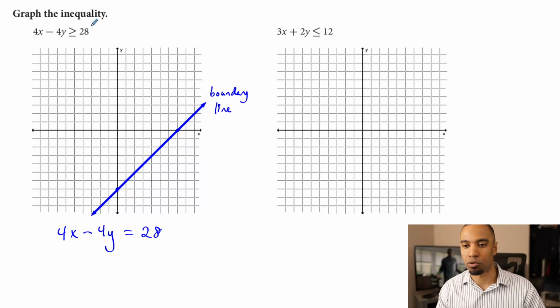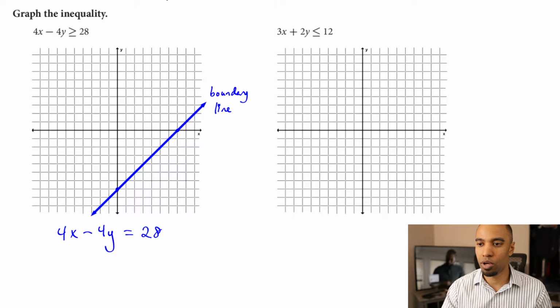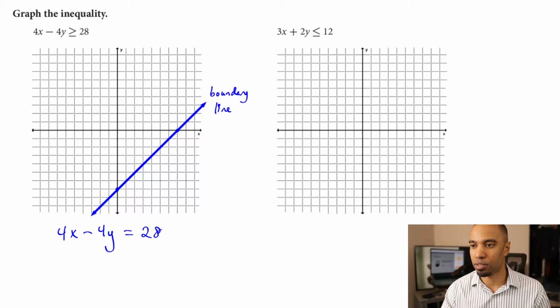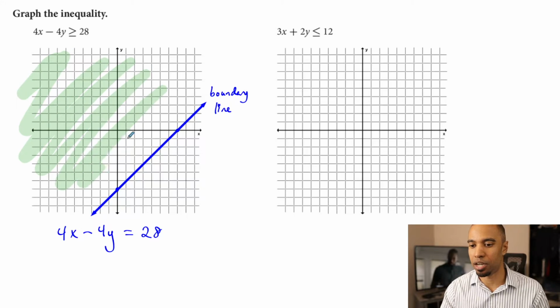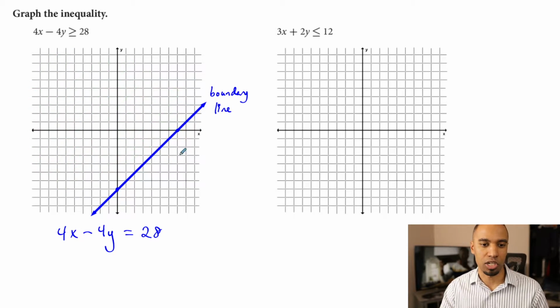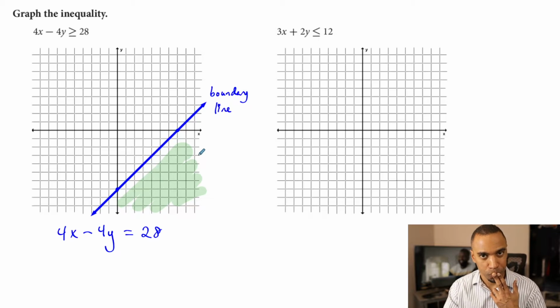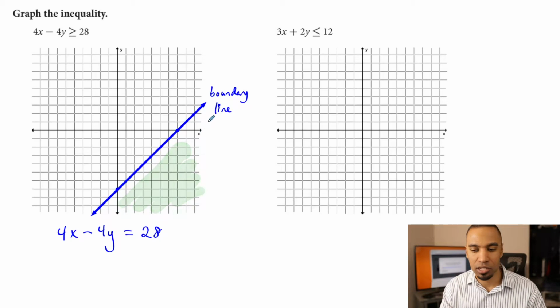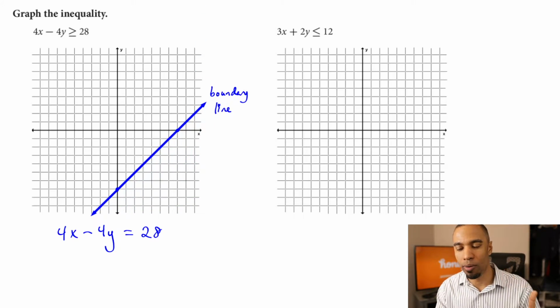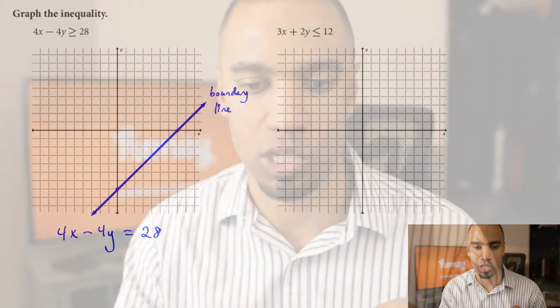So let me tell you this about shading regions. I'm either going to be shading the region up, hang on, let me thicken this and make it faint. I'm either going to be shading the region up here, or I'm going to be shading the region down here. Which one is based on doing a single point test. I'm going to choose a point on my graph.